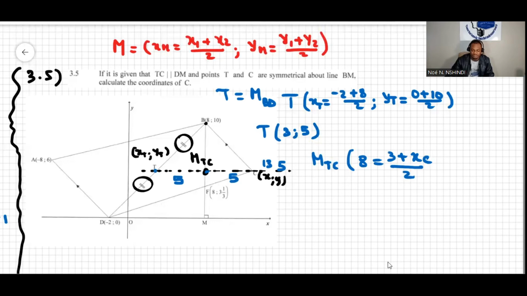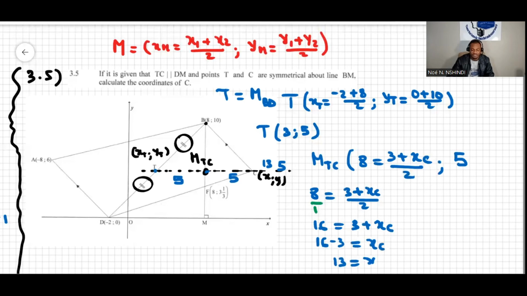That's the X coordinate. The y coordinate is already defined because the line is horizontal, so it's 5. If we cross multiply, we get 16 equal to 3 plus xc. And if we move the 3 over, xc equals 13. This is the same 13 we got before. So the point C is (13, 5). Those are the coordinates of the point C.